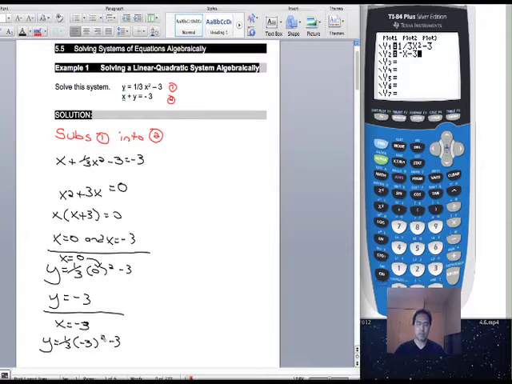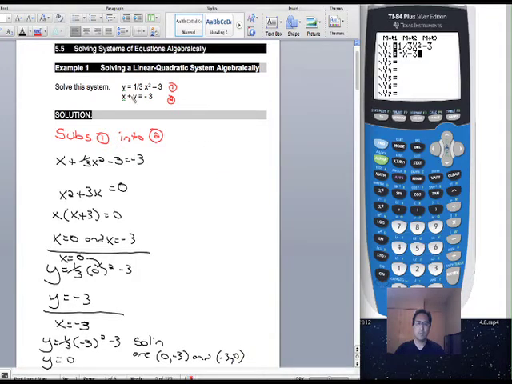So -3 squared gives you positive 9, divided by 3 is 3. 3 minus 3 means that y is going to be equal to 0. So we can say that the solutions are (0, -3) and (-3, 0).